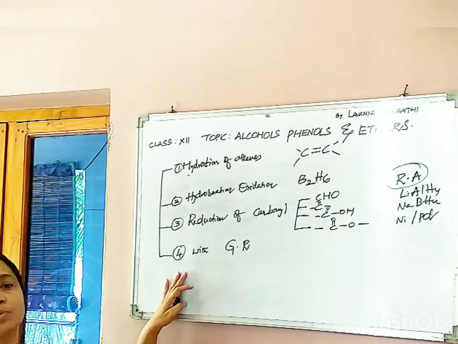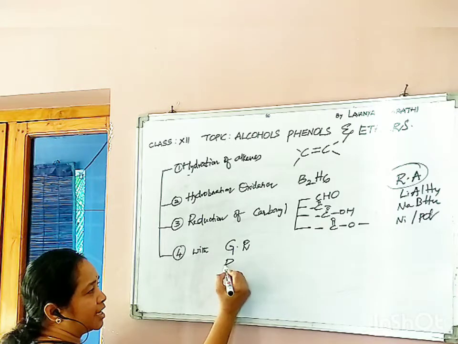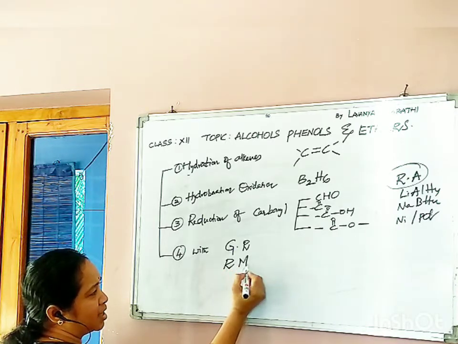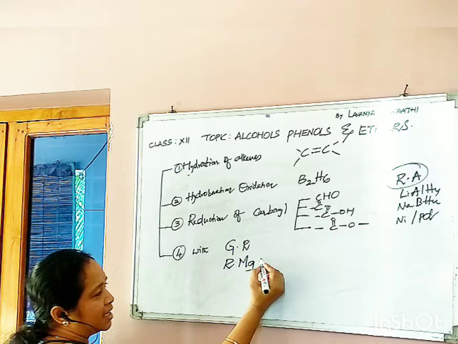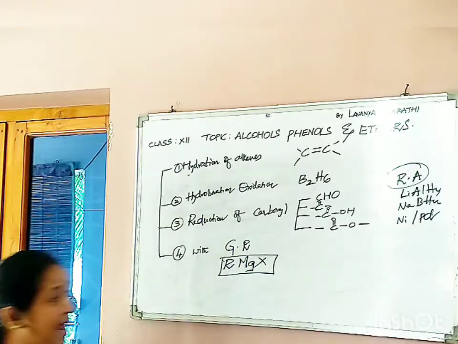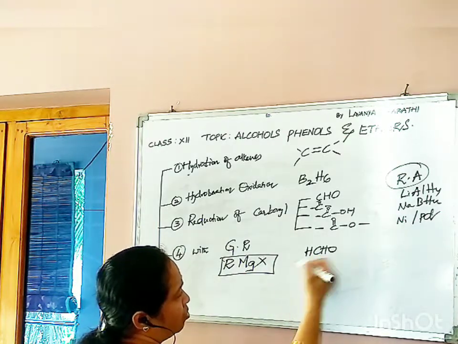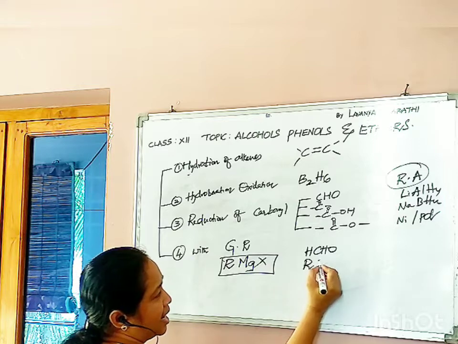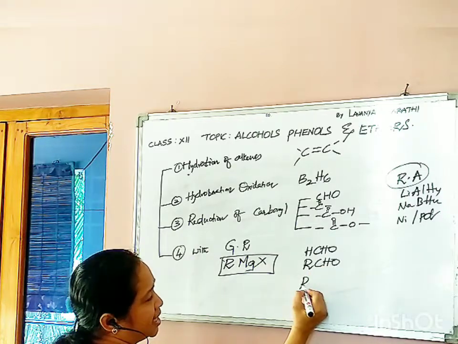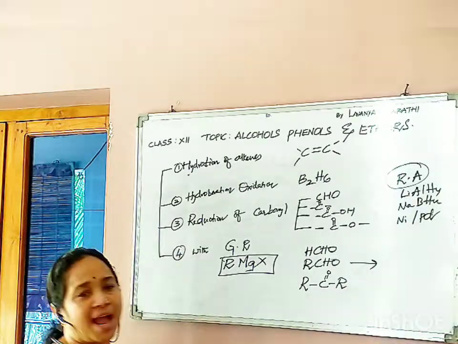And the last one is with Grignard reagent. Grignard reagents are organometallic halides, like you can see here, alkyl magnesium halide. These Grignard reagents can convert a lower aldehyde like HCHO, a higher aldehyde like RCHO, or a ketone like RCOR into different types of alcohols.